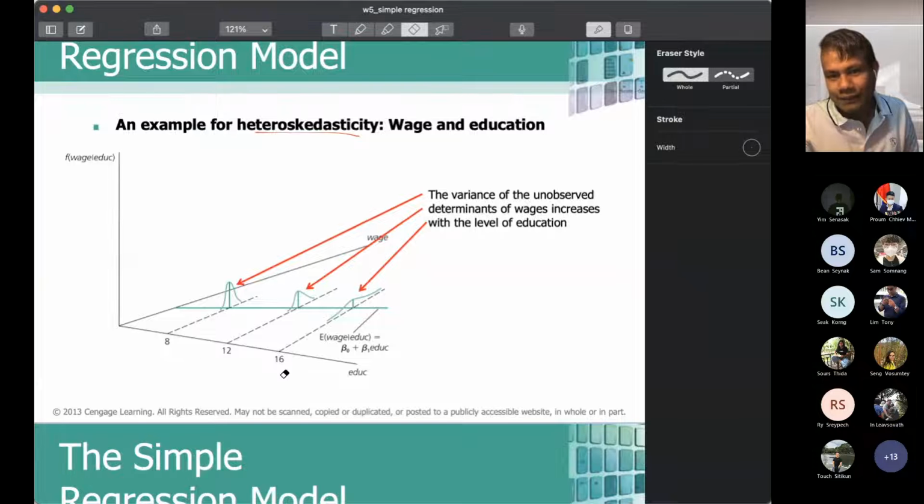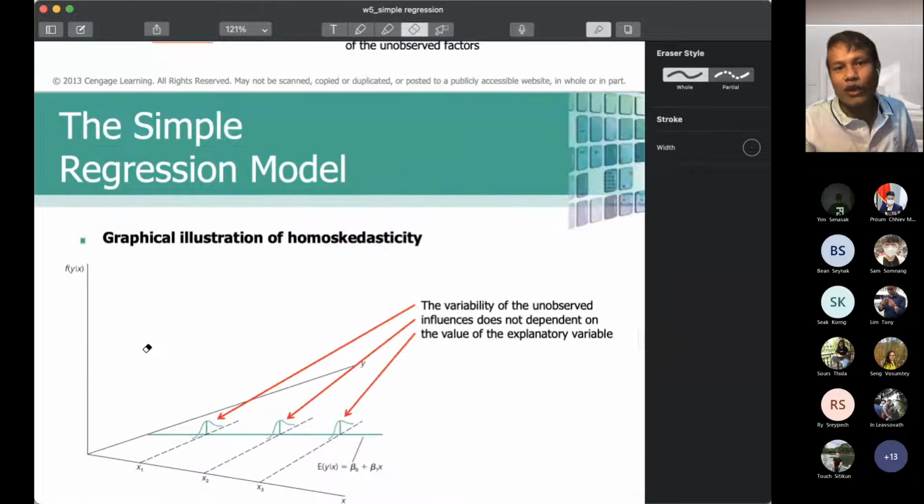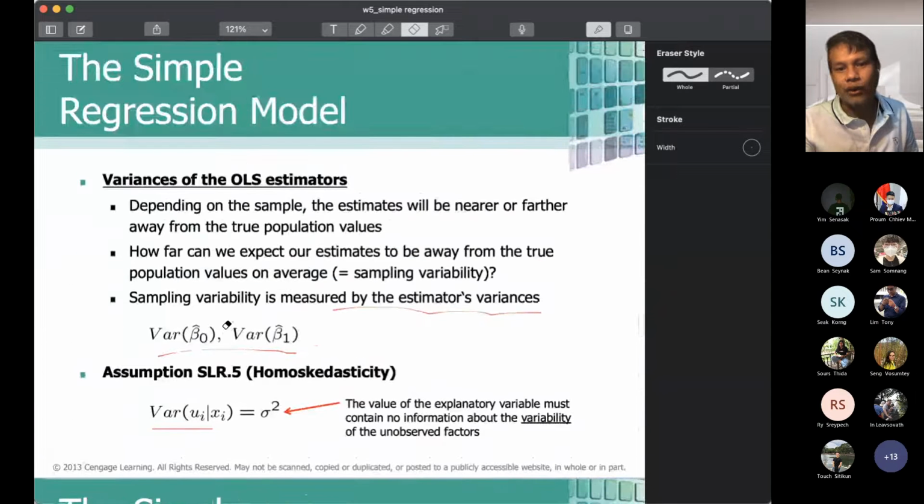When x becomes bigger, the variance becomes larger. When x is smaller, the variance becomes small. So it means that your variance is not constant. So your variance is conditional on x. So assumption number 5 is to make sure that the variance is constant, not depending on x.